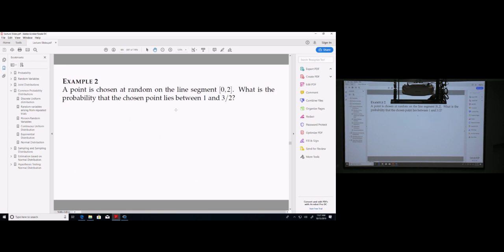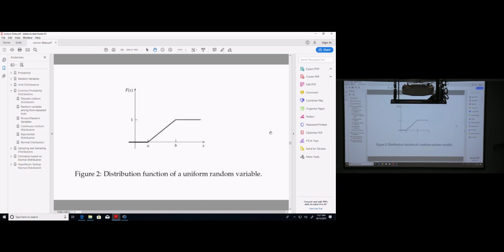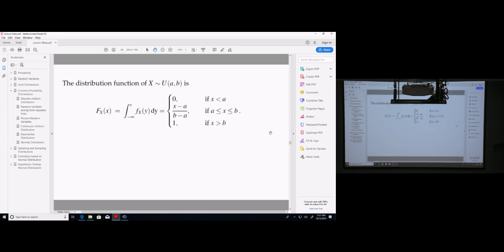So a point is chosen at random on the line. At random here, I mentioned it. It is our jargon saying that it is uniform, all right? So what is the probability that the chosen point lies between 1 and 3 halves? So we have this, all right? And so we use this. Of course, now it depends on which one you use. Either you use this as your starting point, or you can actually use this as your starting point too.